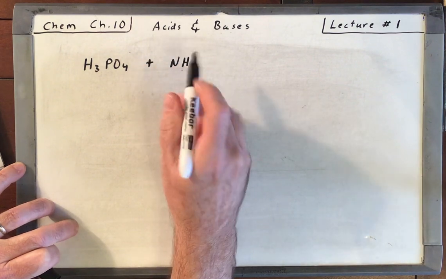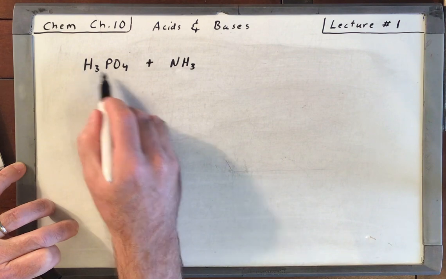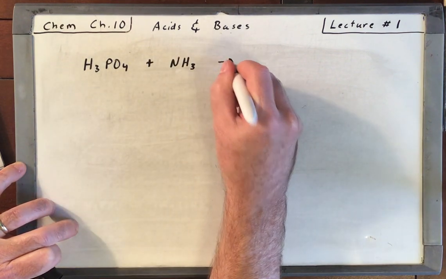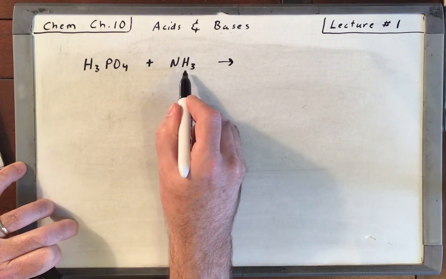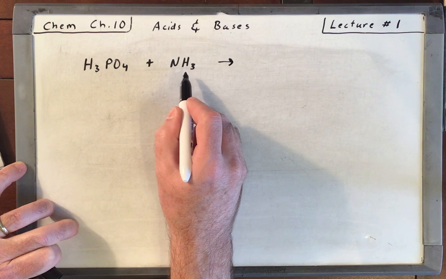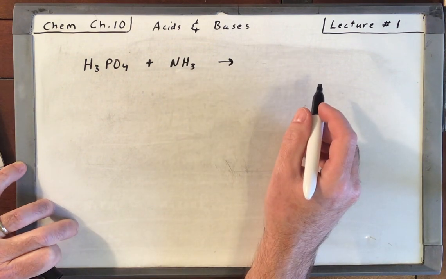Okay, this is ammonia. That's a really common base. This is phosphoric acid. Starts with a hydrogen, so you can know it's the acid. Also one of the ones you have to memorize. Now that's not a hydroxide base, is it? So it's not reaction 1. It makes 2 ions.